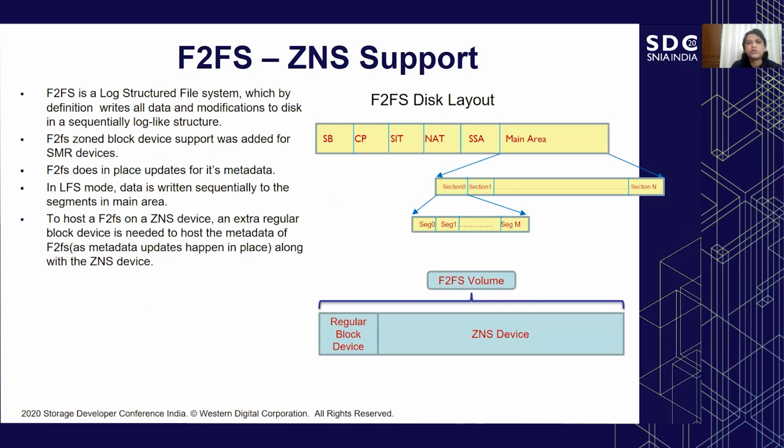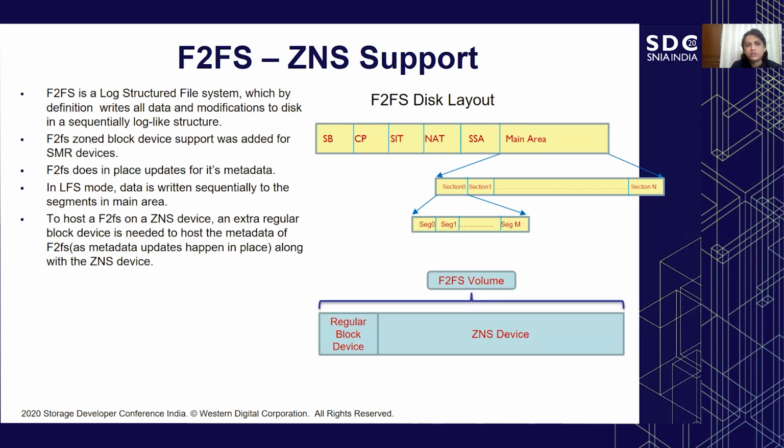So now we want to talk about F2FS ZNS support. F2FS is a log-structured file system, which by definition writes all data and modifications to that data to disk in a sequential, log-like structure. F2FS zoned block device support was added for SMR devices, I think in Linux kernel 4.9. It has been available for a long time.